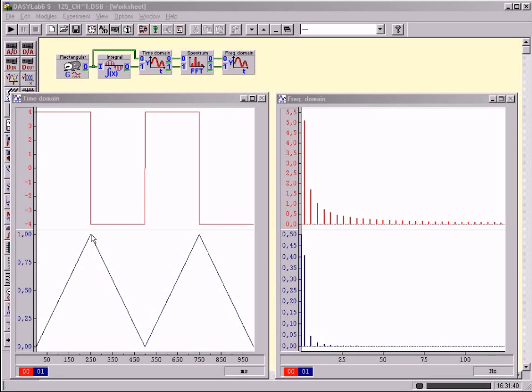We must continue to differentiate between positive and negative areas, as the next area, in terms of the absolute value equally large, is deducted, so that after 500 milliseconds the value is again 0. The frequency domain on the right provides unambiguous qualitative and quantitative pointers. Initially, the integration quite clearly has a low-pass characteristic.